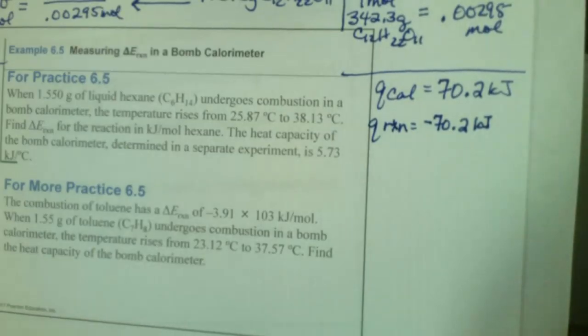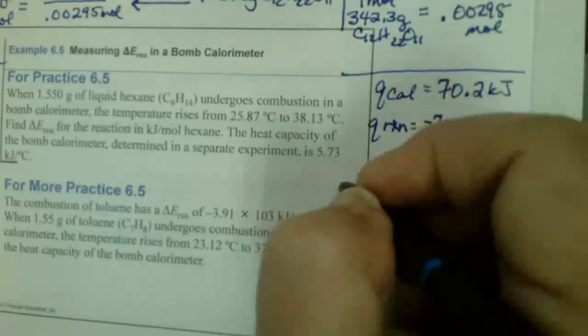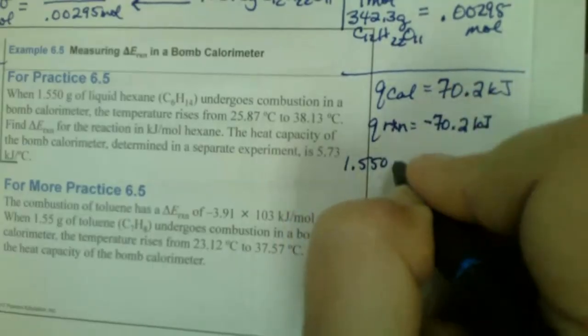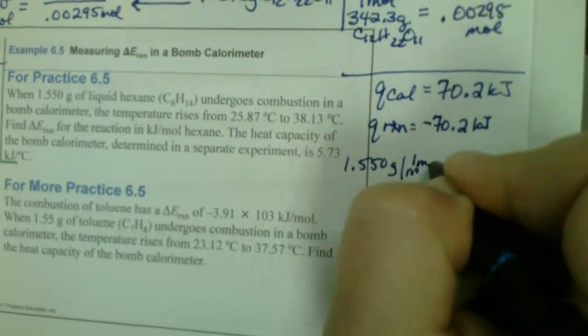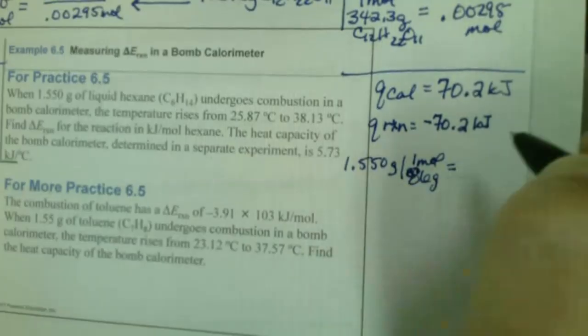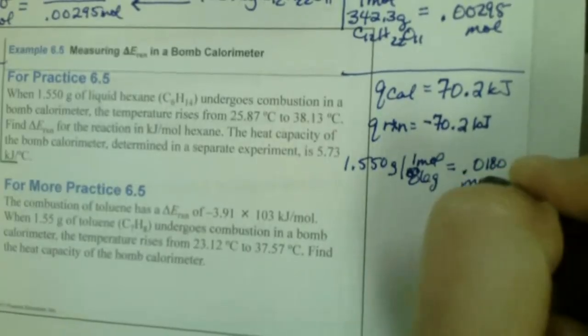Okay. I'm going to change my mass of hexane from grams to moles. And I end up with 0.0180 moles.